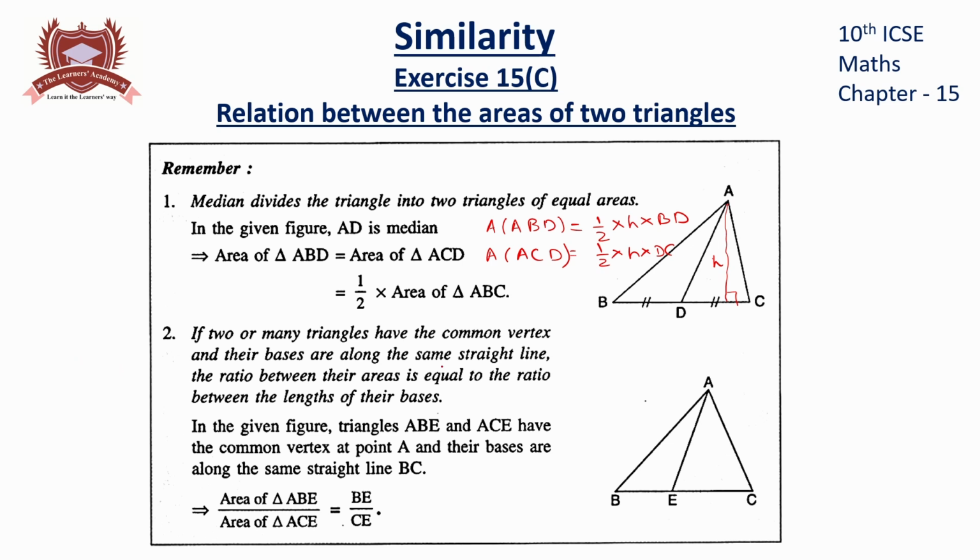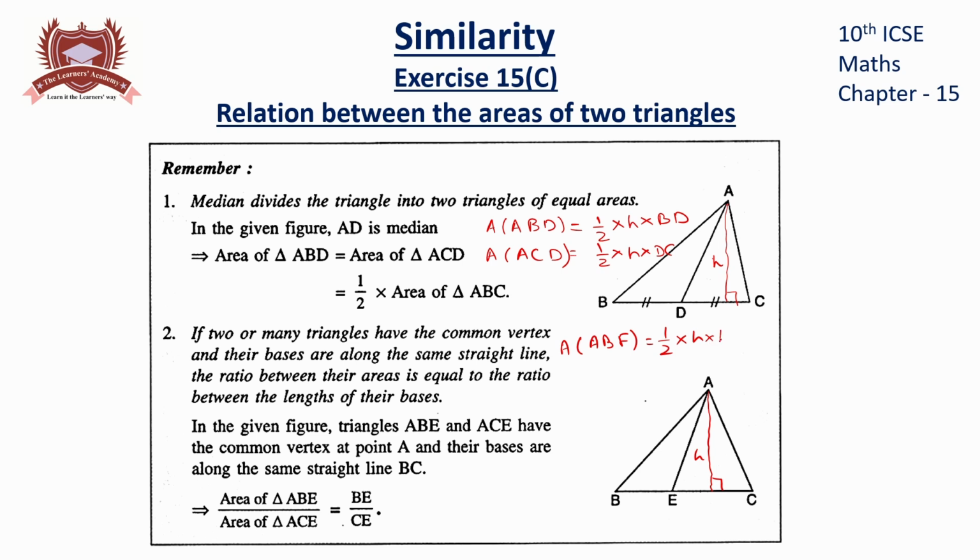Now if two or many triangles have a common vertex and their side is also common, the base is also common, then the areas would be in the ratio in which their bases are. Why will this happen? If I draw a height like this, then effectively what will happen? What would be the area of triangle ABE? Area of triangle ABE, if we consider this as H, will be half into base into H, or half into H into the base.